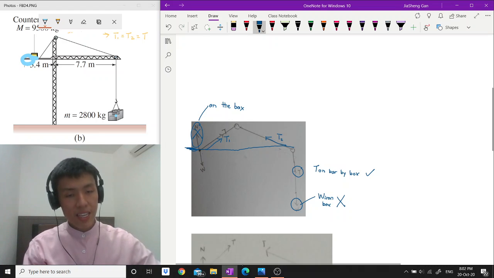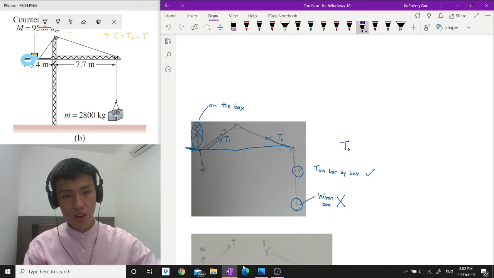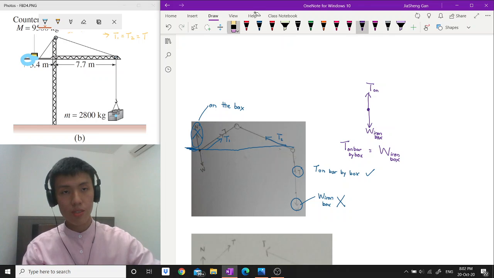Okay, but at the same time, you know that this tension on the bar by the box is actually equal to the weight of the iron box, because if you draw the free body diagram of the iron box, there will be the weight of the iron box cancelled out by the tension on the box by the bar.